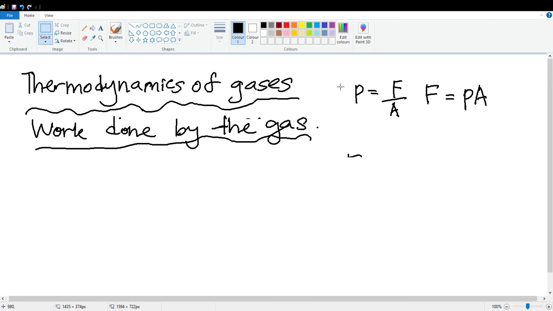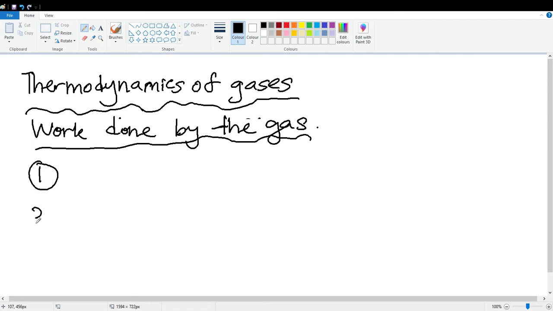Okay, so there are actually three conditions, or should I say three processes, which can occur when work is done by the gas. When there's work done by the gas, one of the three conditions occurs.